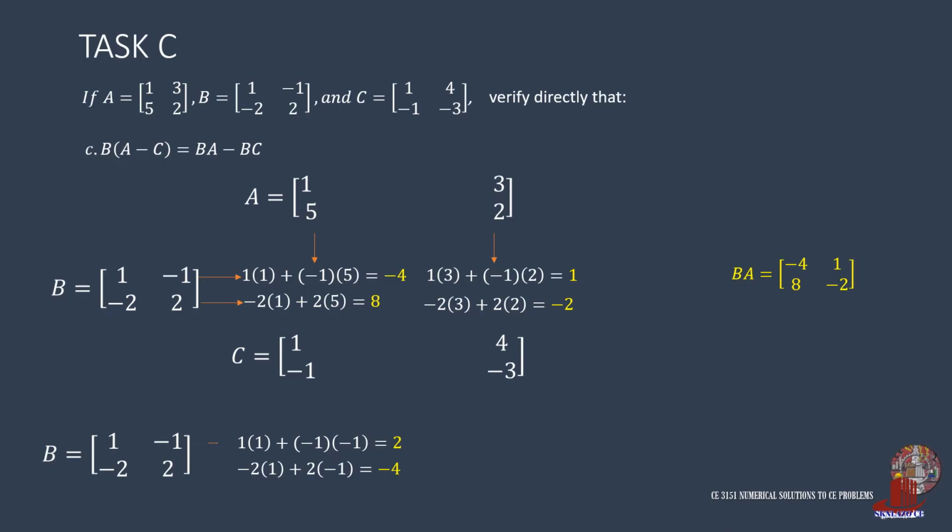The next column can then be completed starting by multiplying row 1. That is 1 times 4 plus negative 1 with negative 3, or that is 7. Then row 2 with column 2 gives negative 2 times 4 plus 2 times negative 3, resulting to negative 14. So matrix BC has the elements 2, 7, negative 4, and negative 14.